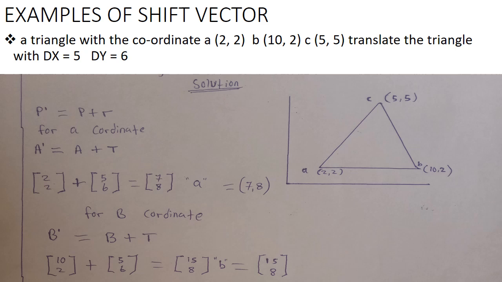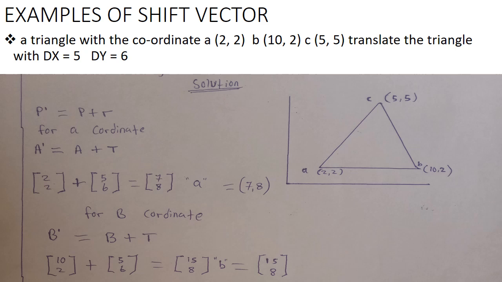So let's take a look at this example of shift vector. This is just a question and we are going to solve it. A triangle has the coordinate of A represented as 2,2, the coordinate of B as 10,2, and the coordinate of C as 5,5.